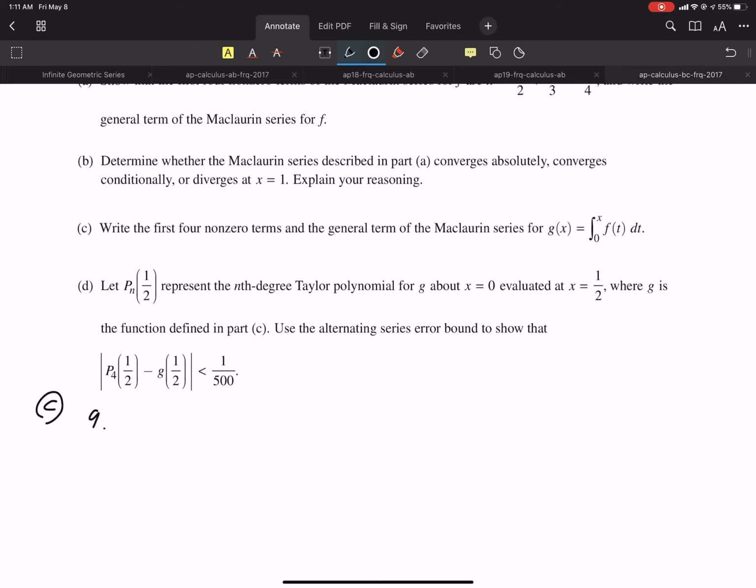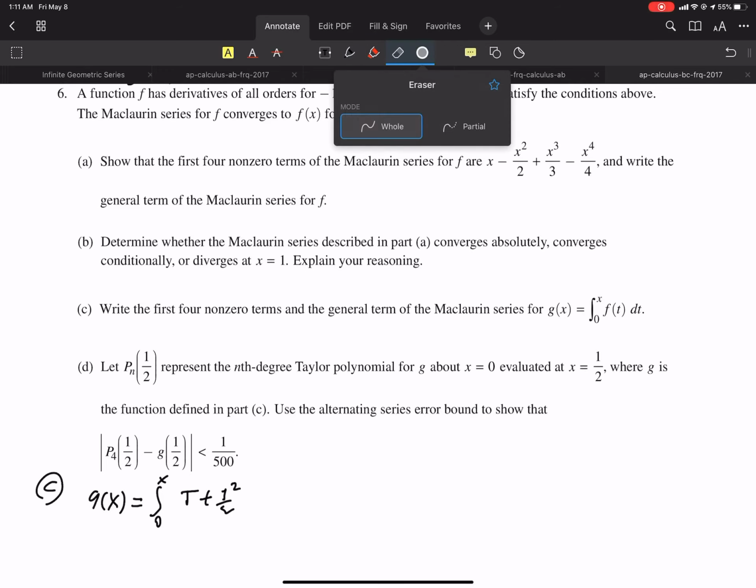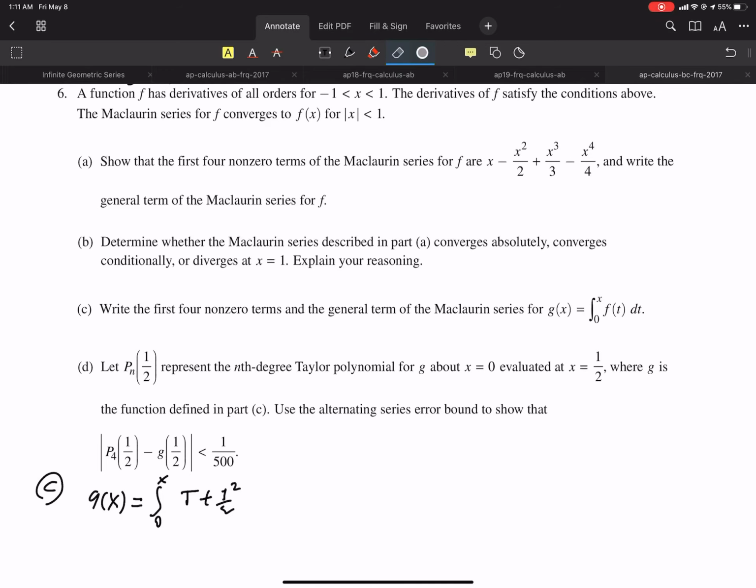So g of x is going to be the integral of my f of x. So my f of x is right here, but it's t. So it's going to be t, oh no, minus t squared over 2 plus t cubed over 3.